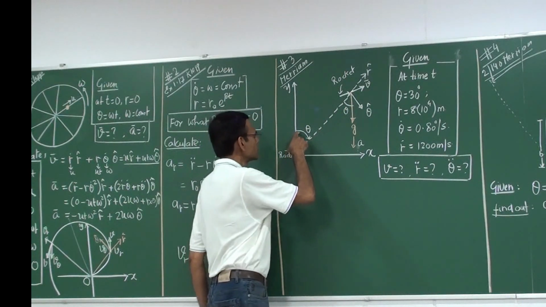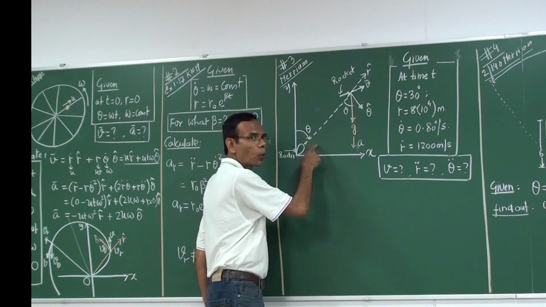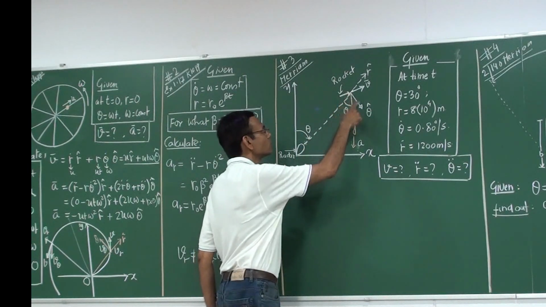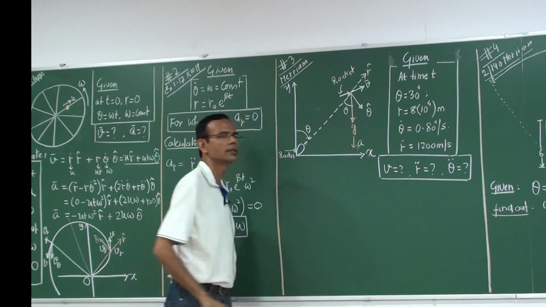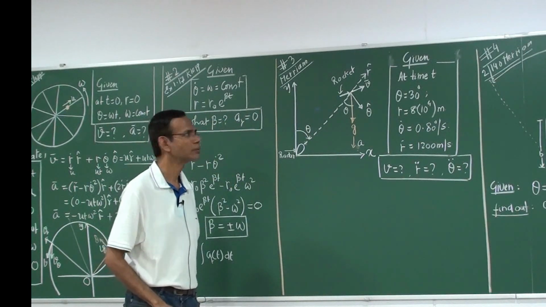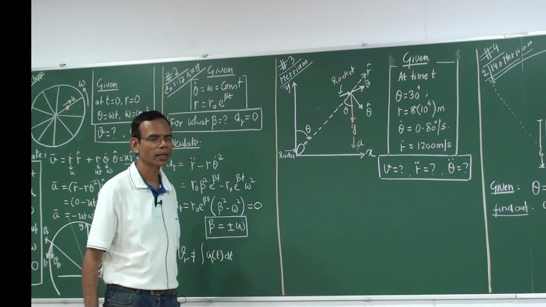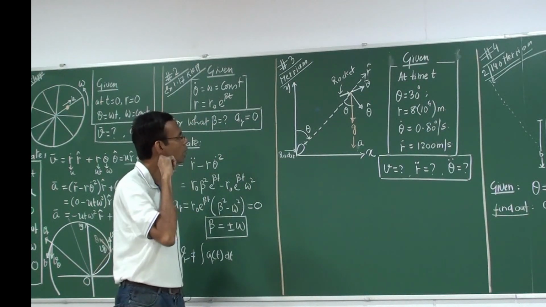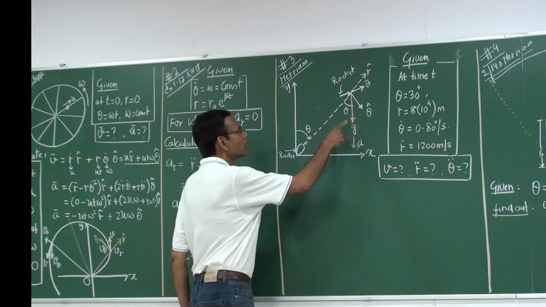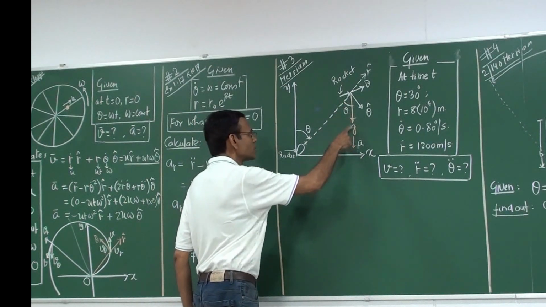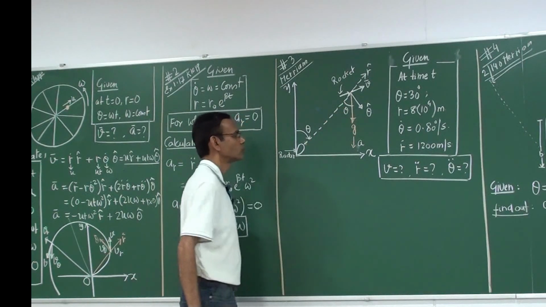As you can see, this theta is increasing from the y direction. So this is your theta cap, basically in this direction. And this is your r cap. Alright? Now, this acceleration vector is given to you.